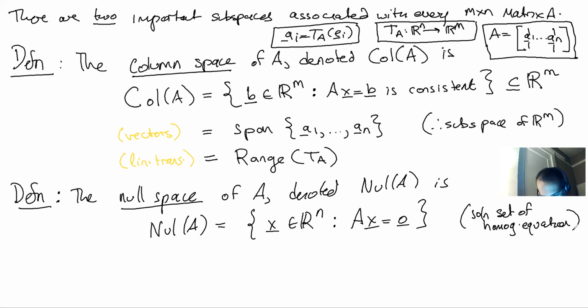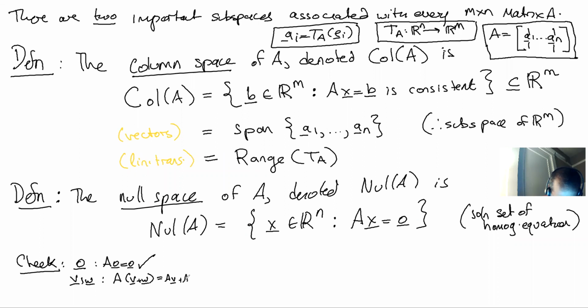It's a solution set. We've been thinking of it as a plane through the origin, but to really know that it's a subspace, we have to check the three properties. Is 0 in the set? Yeah, A times 0 is equal to 0. If v and w are in the set, is v plus w in the set? Yeah, because A times (v plus w) is A times v plus A times w, which is 0 plus 0, which is 0.